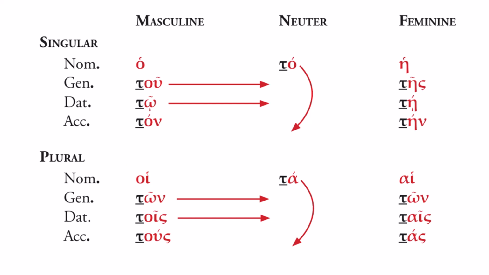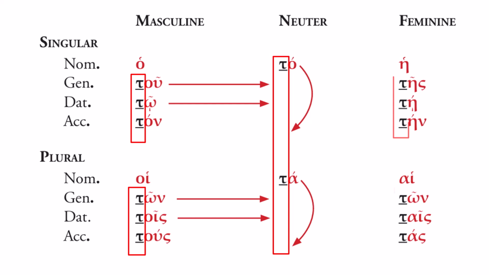The second change is this. Add the letter tau or T to all other endings. After adding the rough breathing mark in the masculine and feminine nominative singular and plural, the rest of the endings add the letter tau. You can see there that you have the letter tau added on all the other endings apart from the nominative singular in the masculine and the feminine.